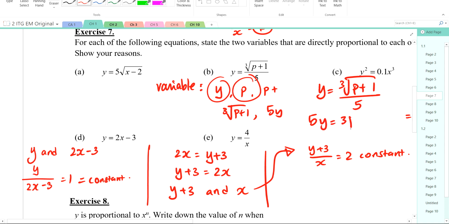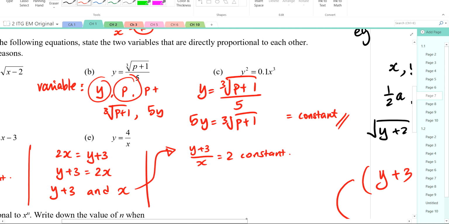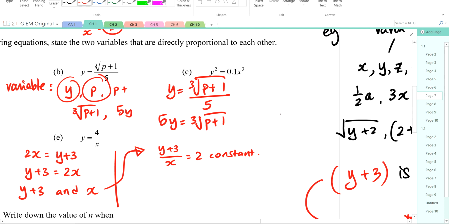5y equals cube root of p plus 1. Then I need to get rid of the cube root. I need to cube both sides. So 5 cubed, that's 125, y to the power 3 equals p plus 1. Correct? Then I wanted y divided by p. How do you take y divided by p over here, in order to prove that y and p are directly proportional? Can or cannot?